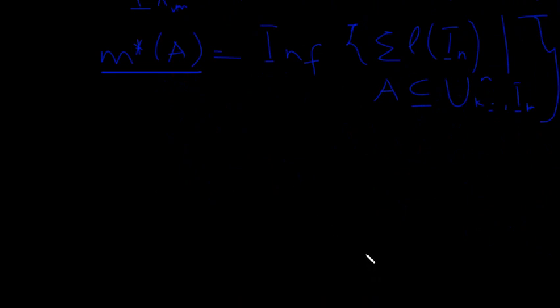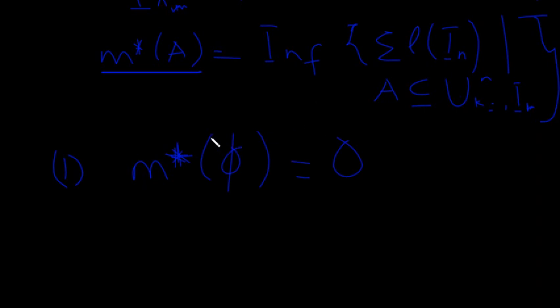There will be proofs that we are going to have, but I want to talk of certain properties of outer measure. The first property is that the outer measure of an empty set is always equal to 0.